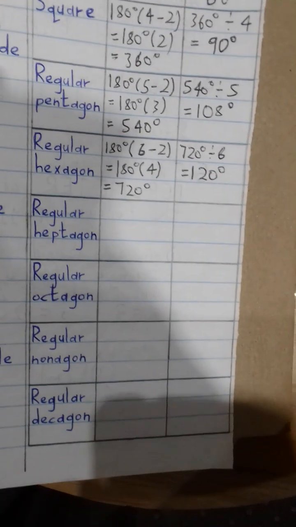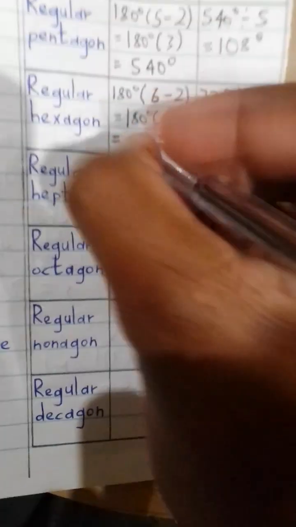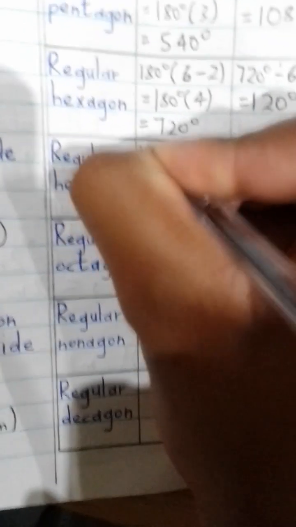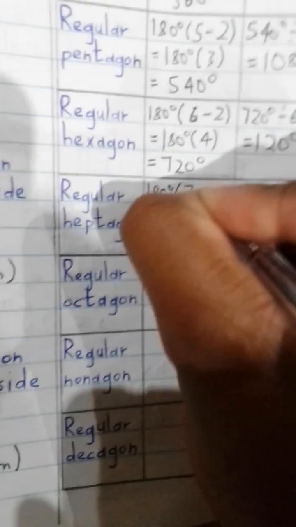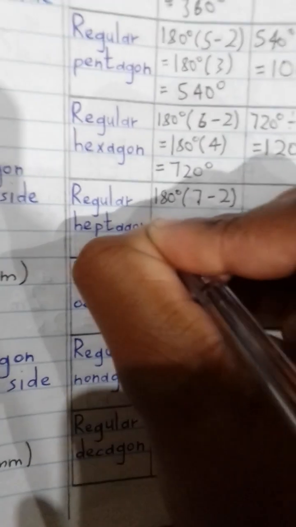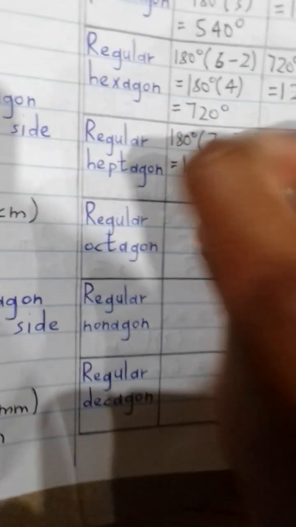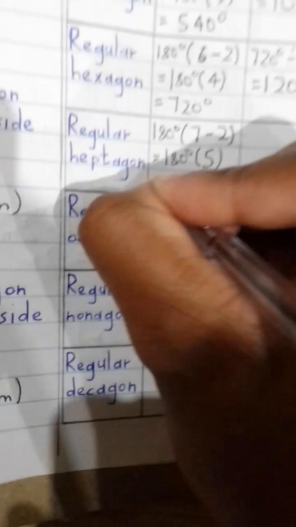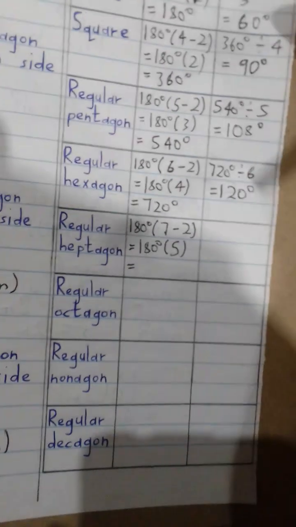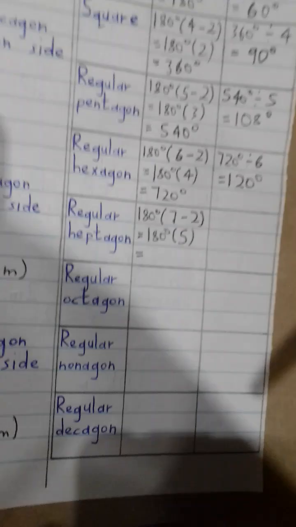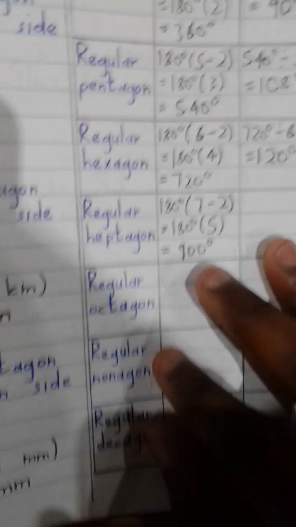Regular heptagon, the sum of the interior angles is 180 degrees times 7 minus 2. 7 minus 2 is 5. 900 degrees, right?